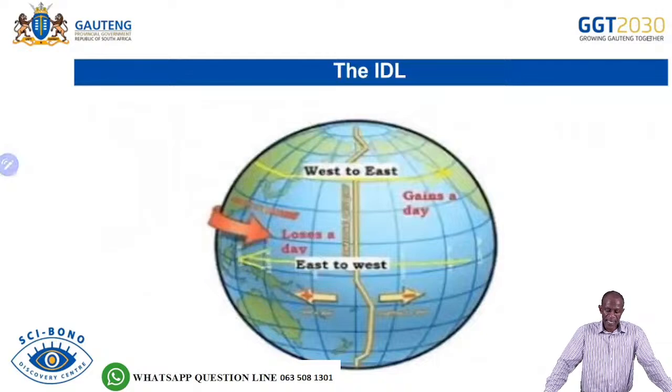This is the IDL. And unlike the 0 degrees longitude, your UTC, which is a straight line, the international date line is perfectly not a straight line.